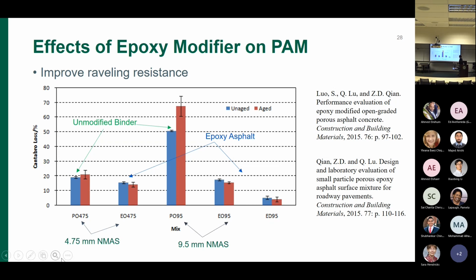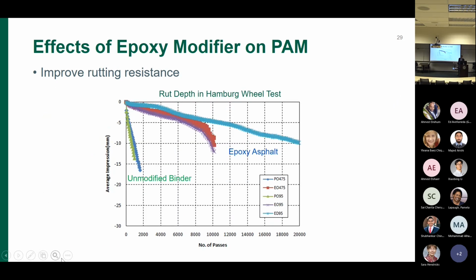Okay. So some findings are published in some journal papers, and we did see the benefit of using epoxy asphalt in porous asphalt mixture to significantly improve its durability. And there are also some potential results related to rutting.